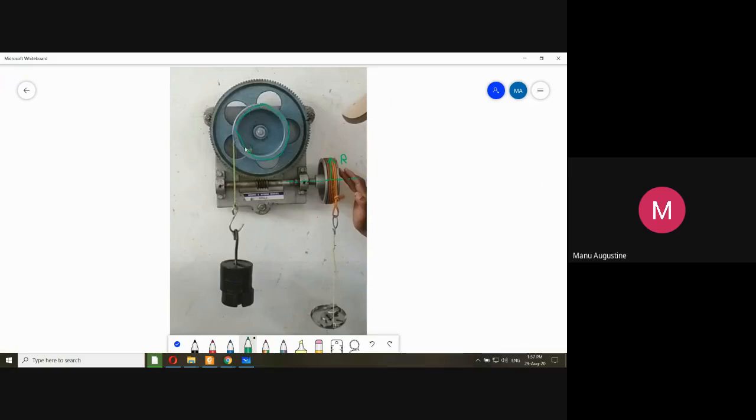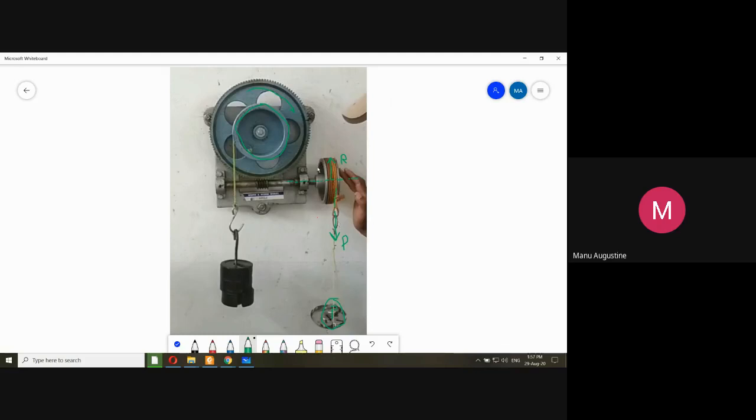So this pulley will always rotate in sync with the rotation of the gear. Okay, the gear is going to rotate like this when the effort comes down. P is applied here. This whole thing is P. Okay, P is applied downwards. So this rope will be pulled down.